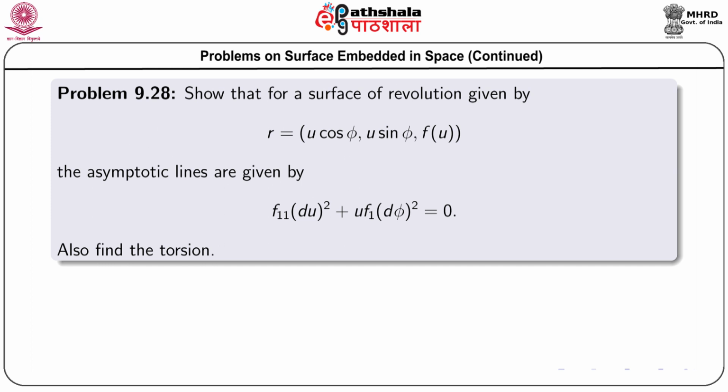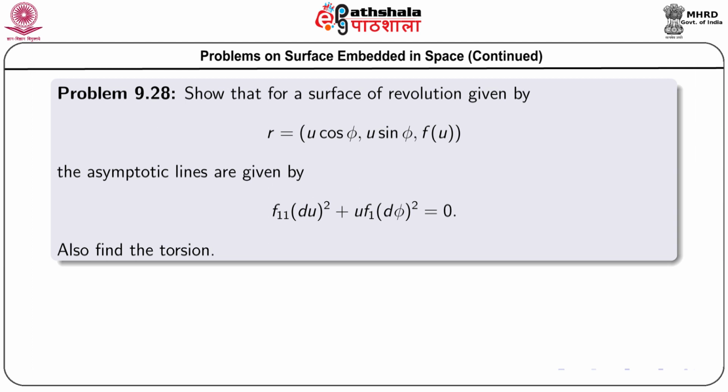The surface of revolution has the equation r equals (u cos phi, u sin phi, f(u)), where f is a function of u, and we shall see that the asymptotic lines will be determined by this equation: f11 du square plus u f1 d phi square equal to 0, where f11 is the second order derivative of the function with respect to u, and f1 is the first order derivative with respect to u.